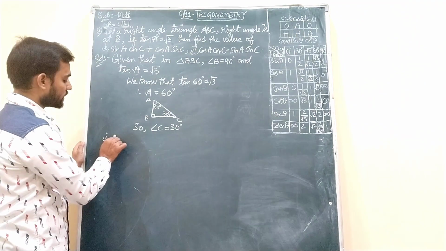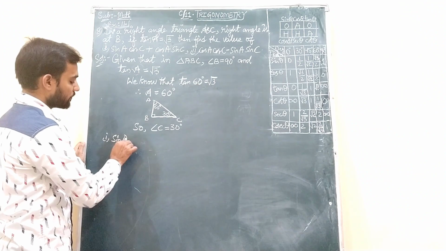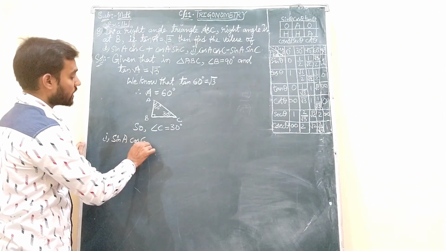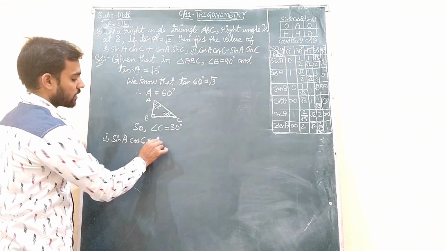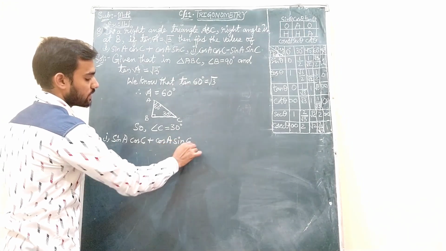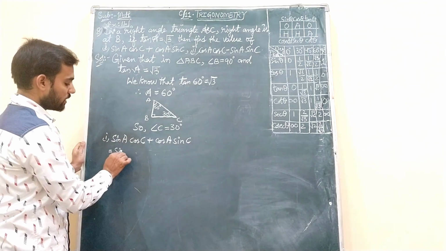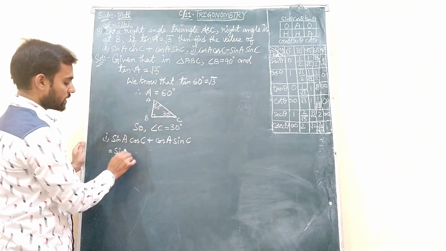First expression, he said that sin A cos C plus cos A sin C. Understand? So I will write sin, what is A? A is 60.